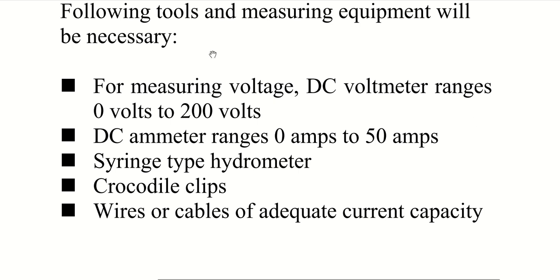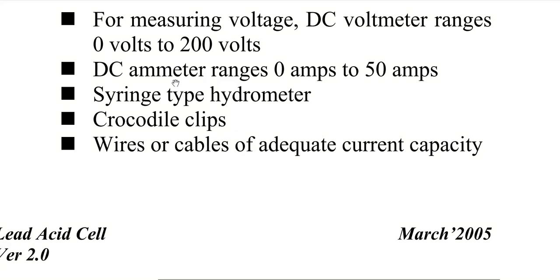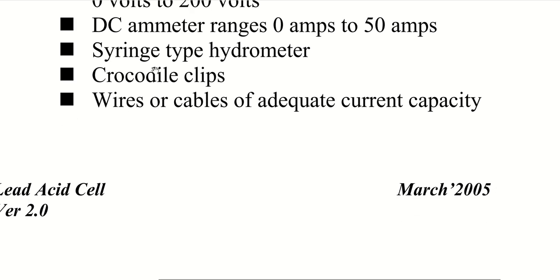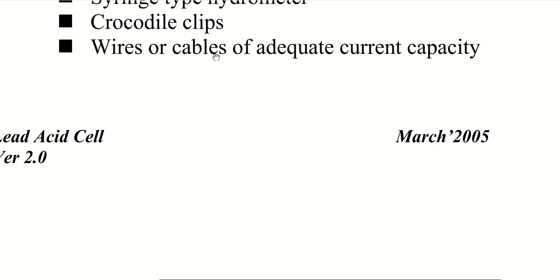DC voltmeter ranging from 0 to 200 volts, and DC ammeter ranging from 0 to 50 amperes. Syringe type hydrometer for measuring the specific gravity. Crocodile type clips to connect to your battery, and wires or cables of adequate capacity.